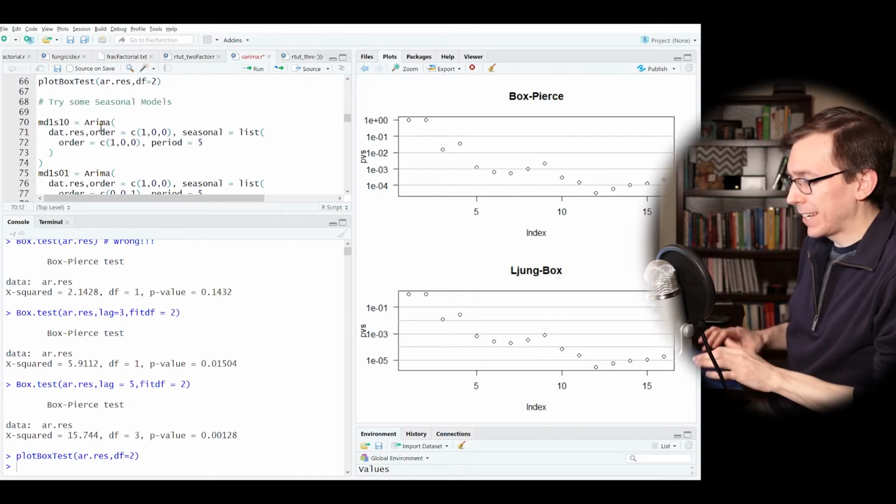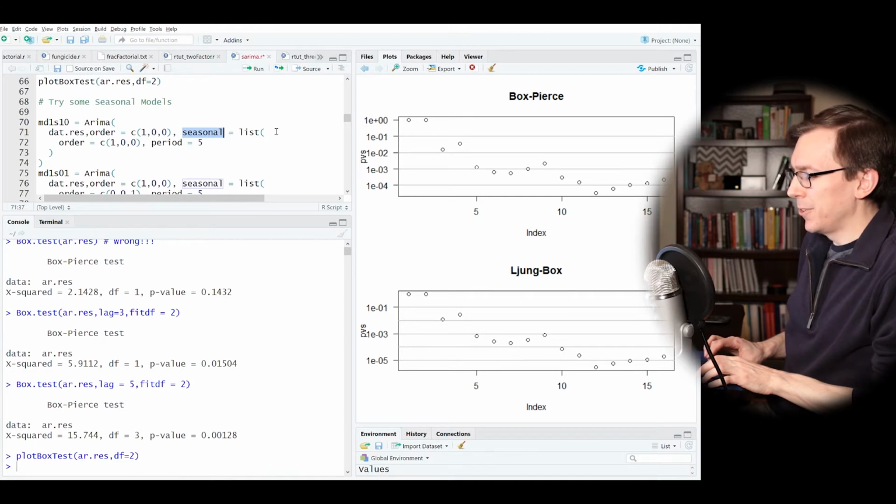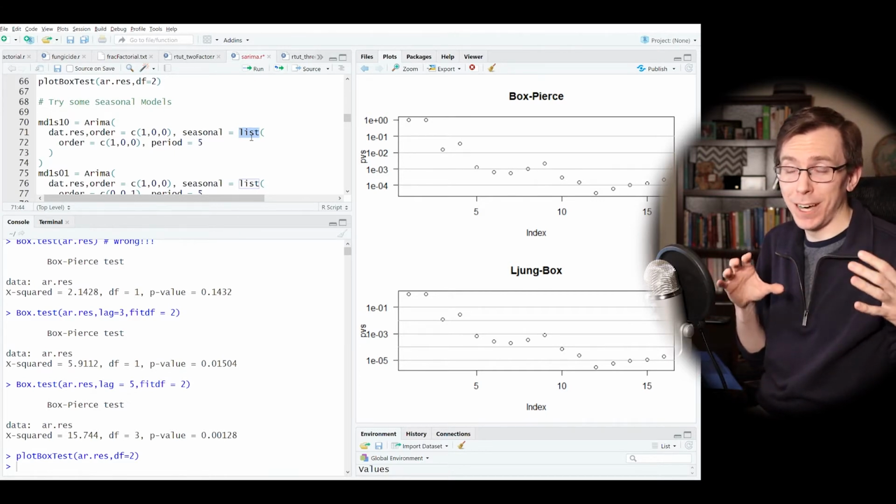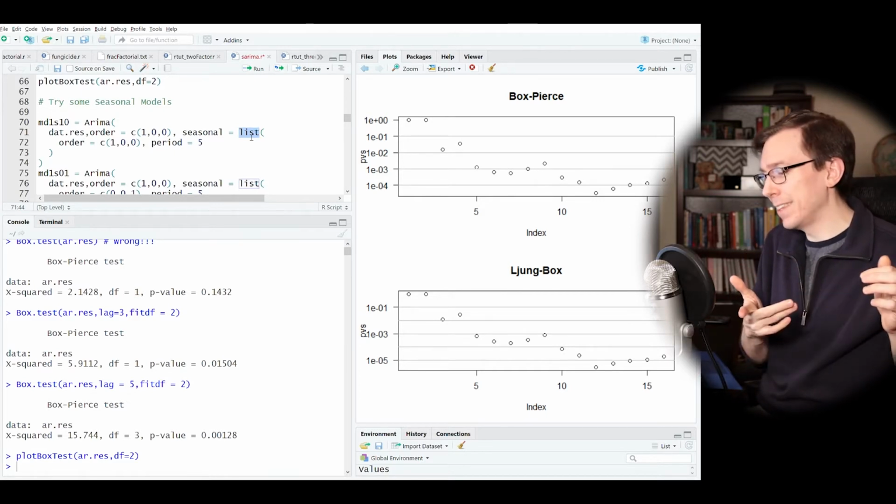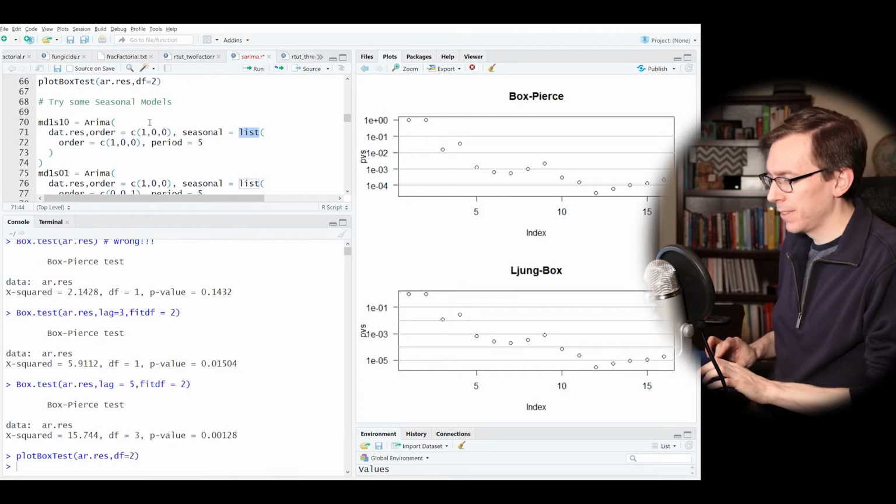Anyway, besides that, everything is the same. I just included a seasonal component. Note that I had to give it a list object and tell it that the order is within the list, and the period is also within the list. So there are 2 components to the seasonal model: the order and the period.